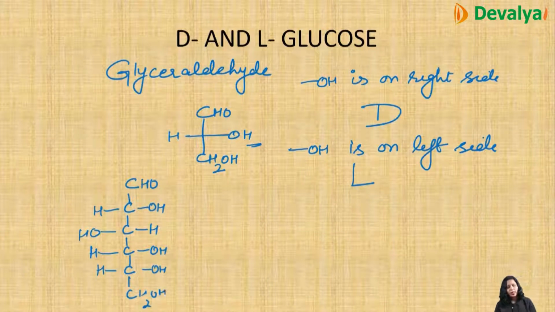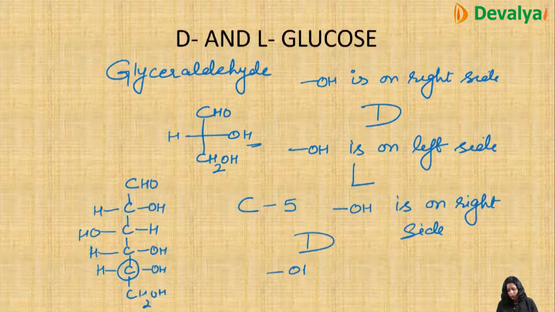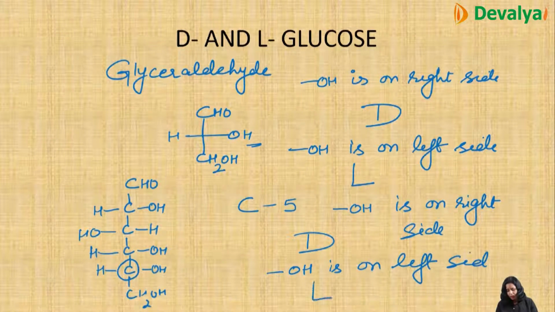So we'll say on the basis of the 5th carbon, if in glucose carbon 5 the OH is on the right side, then we call it D-glucose. If OH is on the left side, we call it L-glucose. In nature it mainly exists as D-glucose.